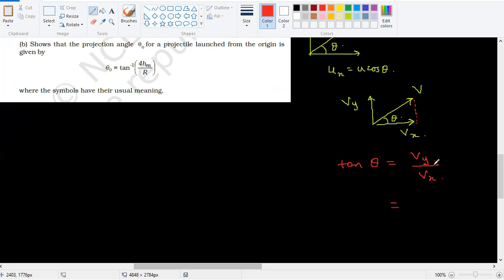Final velocity: v is equal to u plus at. So initial velocity is u in the y direction, so uy plus at, divided by vx, which is ux.